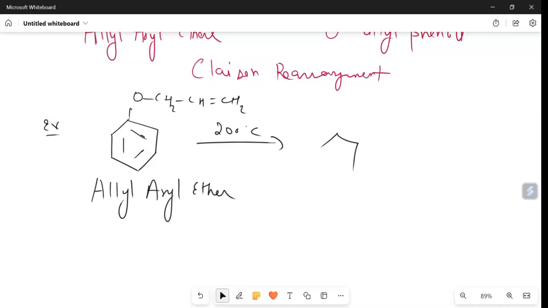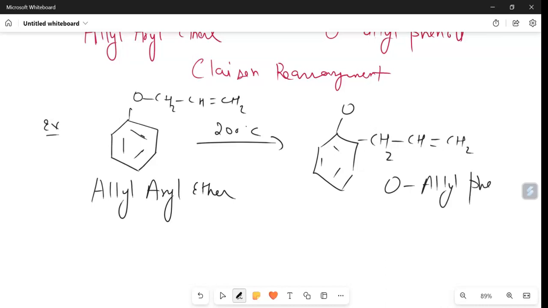It will form the compound with CH2CH=CH2 on the ring, that is ortho allyl phenol.